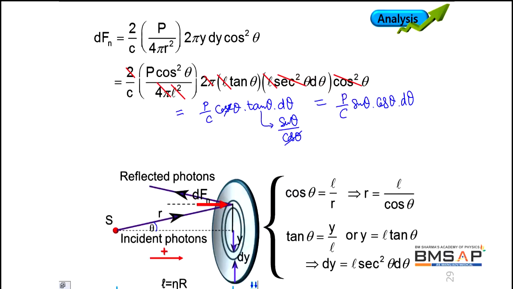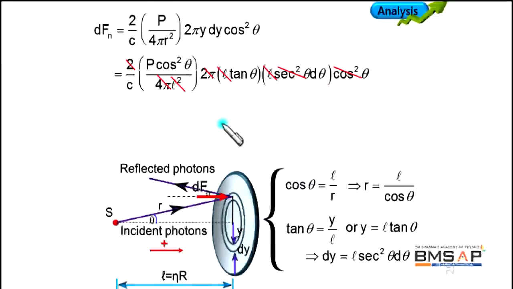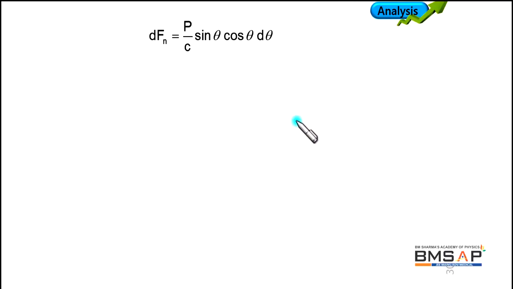Okay, so we can write the value of dFn, this one. Now finally we need to integrate with the proper limit. We can write this relation dFn equal to P divided by C sin theta cos theta d theta.